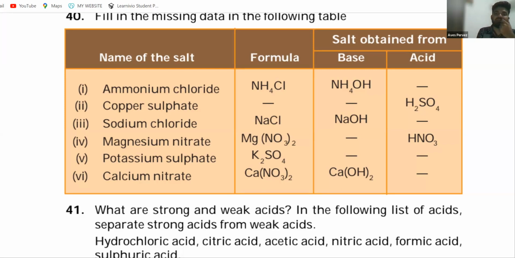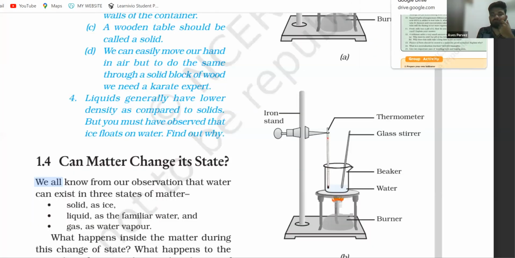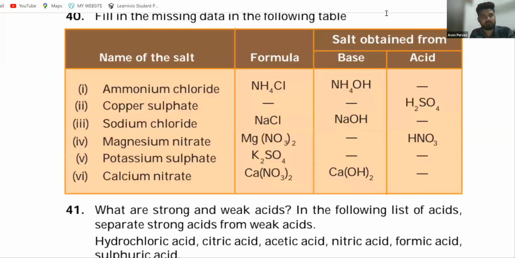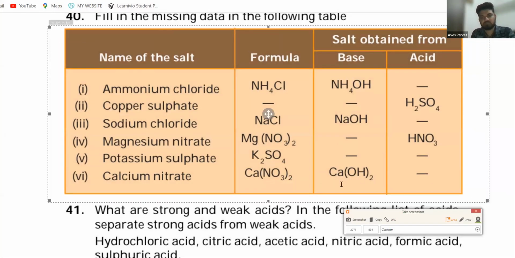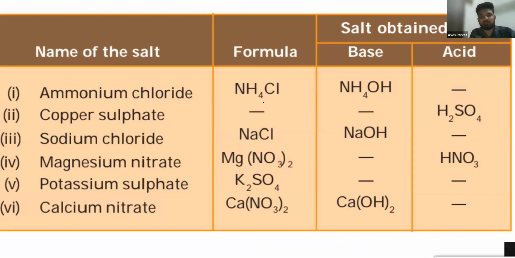Let me take this question on the PPT. So if I have this copper sulfate here, the base will be Cu(OH)2, and the formula of copper sulfate is CuSO4.